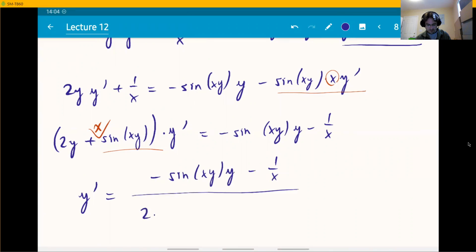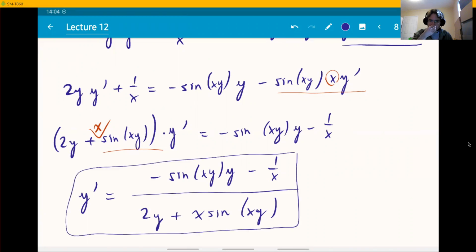So I'm now finding an explicit formula for y prime, except it's not really that much explicit because it still has y inside of it. But we don't know what the function y is in terms of x. That function was given implicitly. But as long as we have a few values for the function and also the x, we should be able to find some values for y prime using this formula. So you can still call this implicit because there is no formula involving only x's.